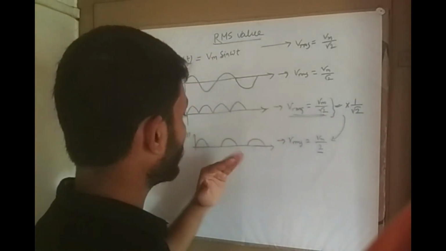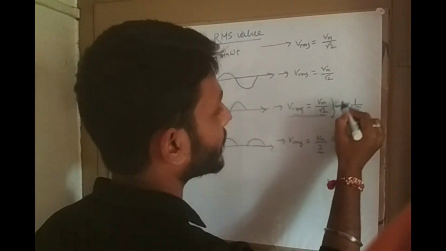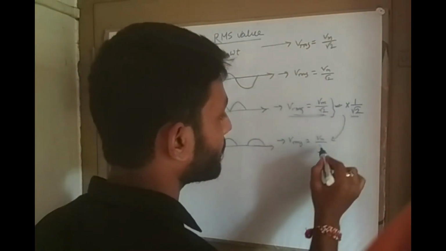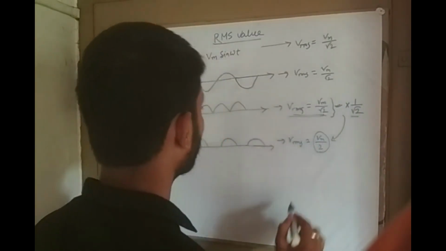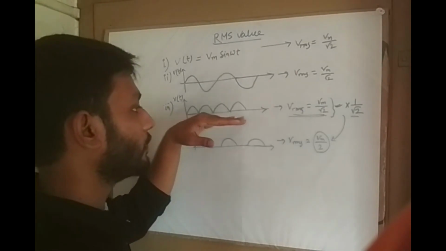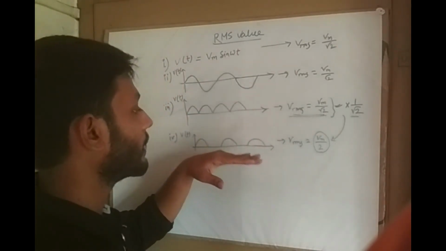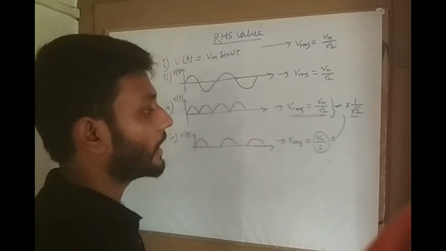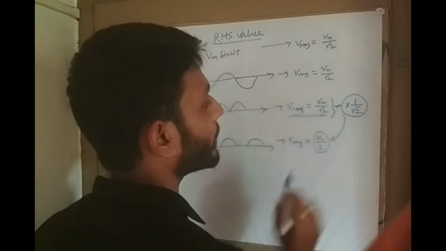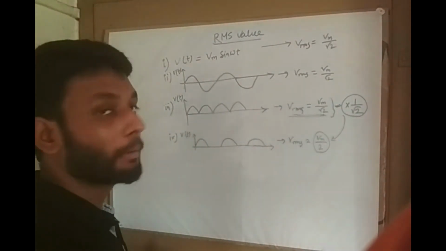Now, if we find the RMS value of half wave, we multiply this with 1 by root 2, and we get Vm by 2. So if you know the full wave RMS value, you will definitely be able to find the half wave RMS value by multiplying with 1 by root 2. You can remember this one.